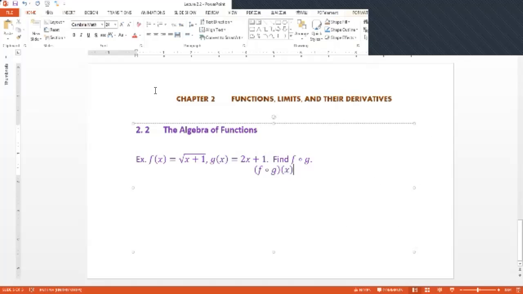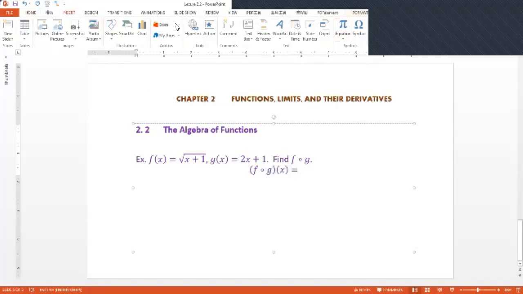So by definition, f compose g, we should get another function. So we just use f compose g to denote the new function, and it has the variable x. So that's the notation. So by definition, f compose g means f of g of x. All right.